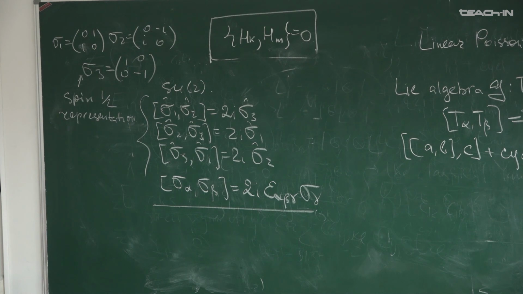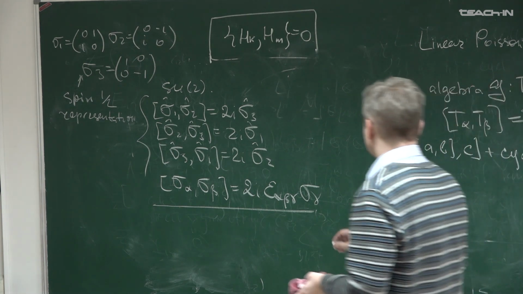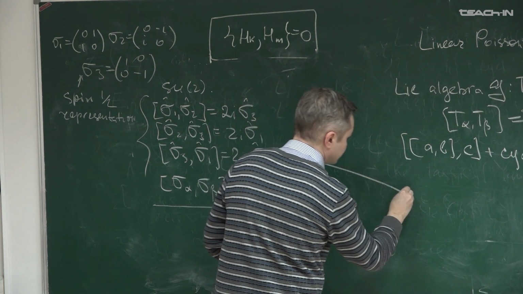Okay, but in fact, we are not going to go into details of Lie algebras and representation theory here. What I want to say is that if you have some commutation relations which define some Lie algebra, then using these relations you may write down Poisson brackets.